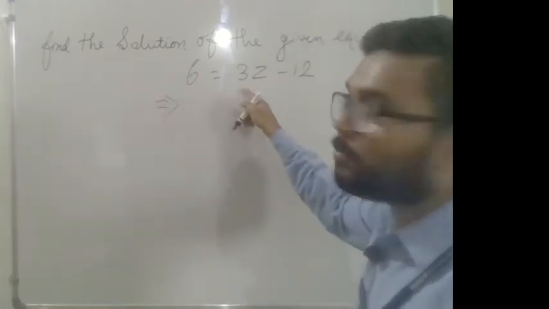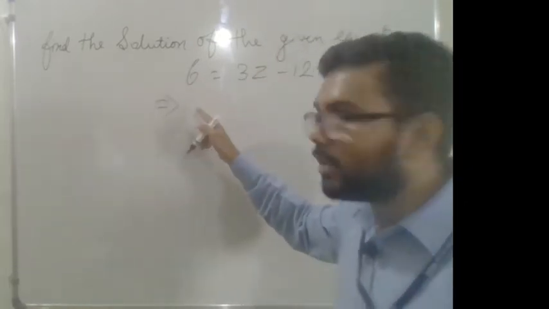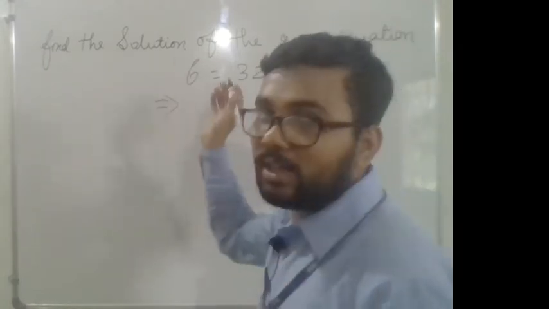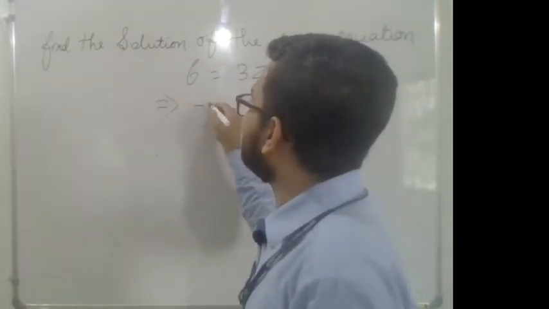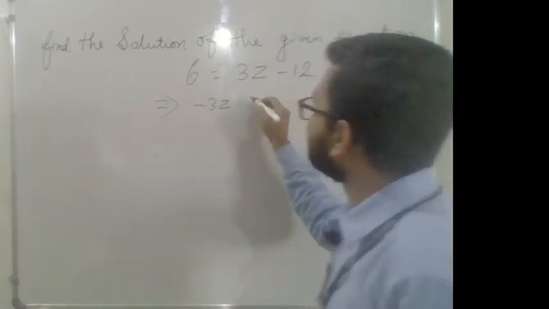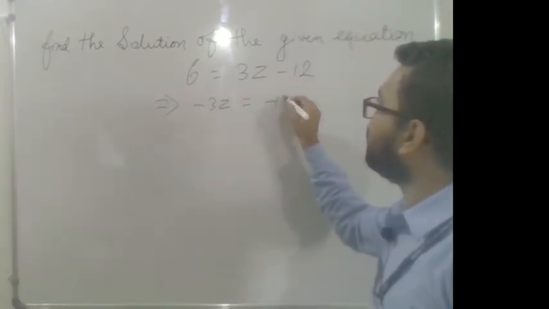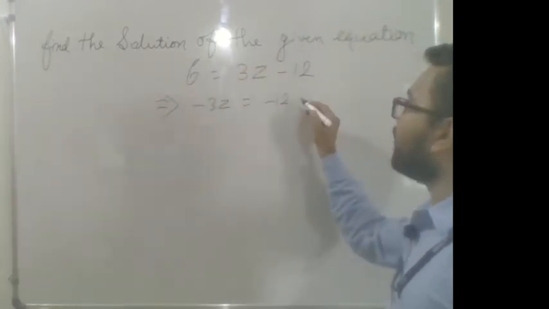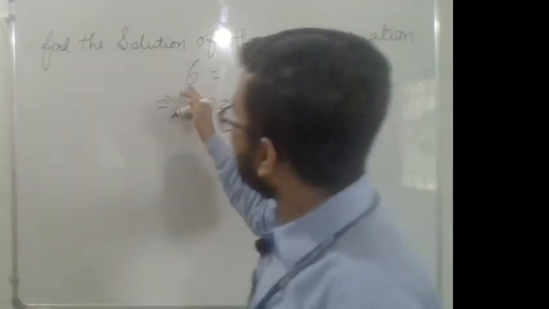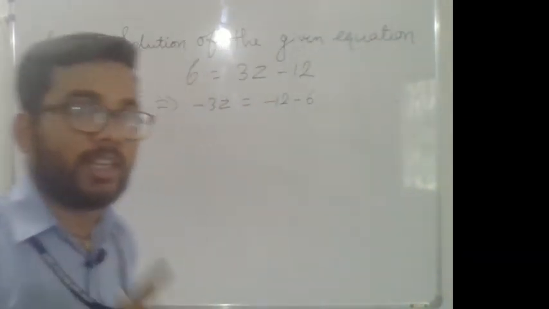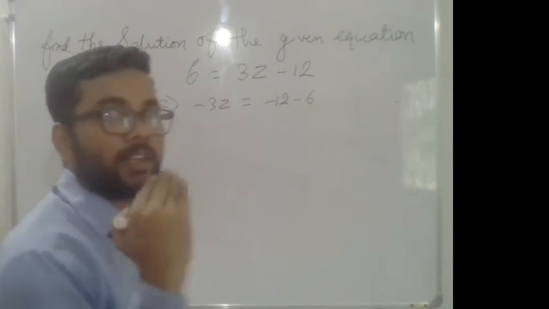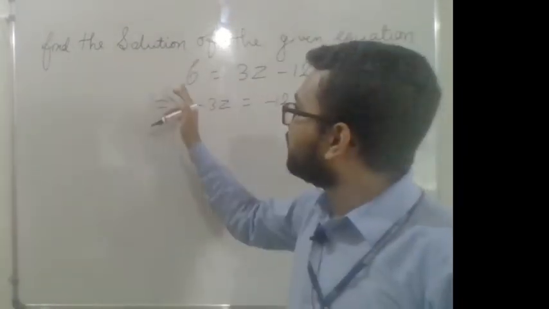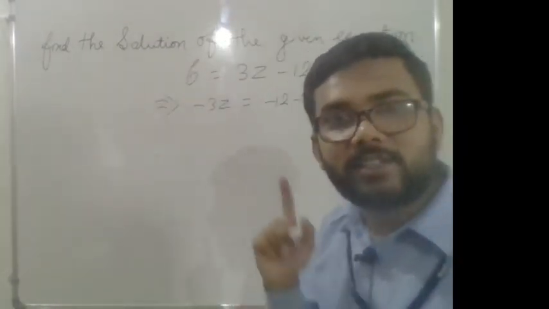Here 3z is in positive sign. When it comes to LHS, it changes to minus 3z. Now minus 12, here it is minus 6, because 6 is positive in LHS. When it is transposed into RHS, the sign of 6 will change.